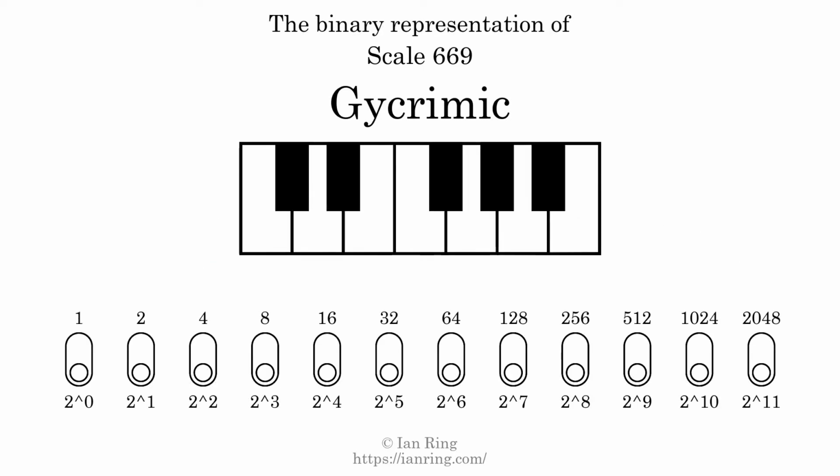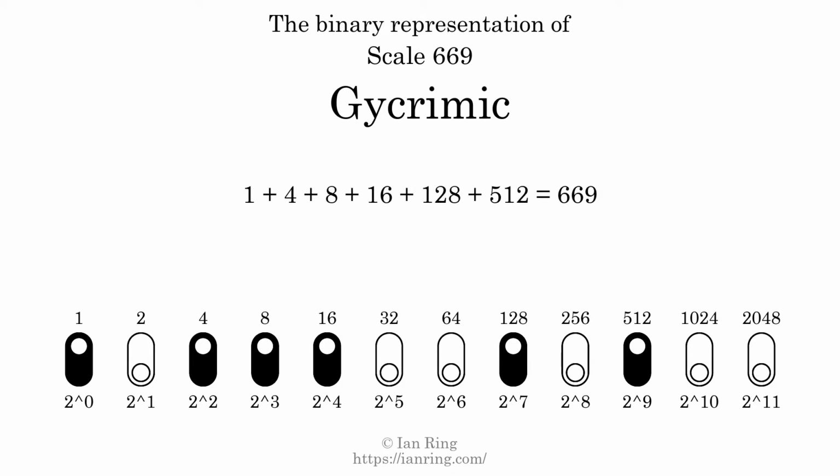The binary representation of this scale is determined by mapping tones of the scale to binary digits. Each binary digit represents a power of 2. To get the scale number, we add the powers of 2 together. The powers of 2 that are present in the scale, all added together, equals 669.